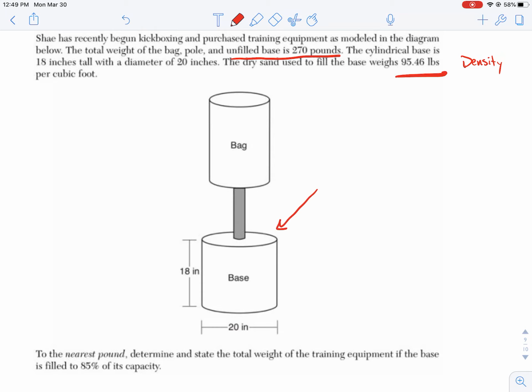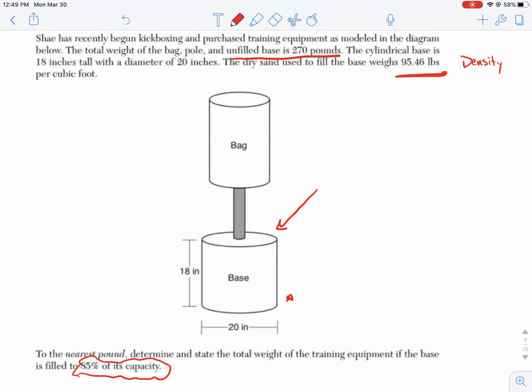Now what we need to do is first find the volume of this piece down here. It also says, to the nearest pound, determine and state the total weight of the training equipment if the base is filled 85% of its capacity.